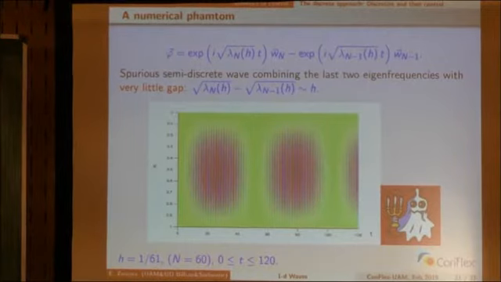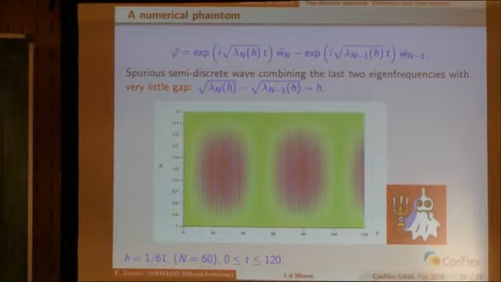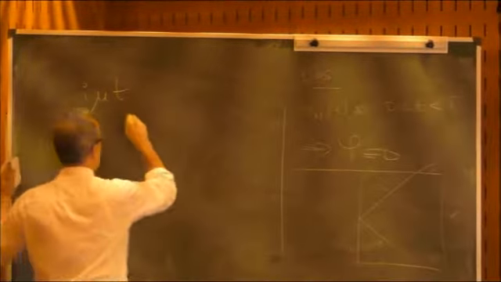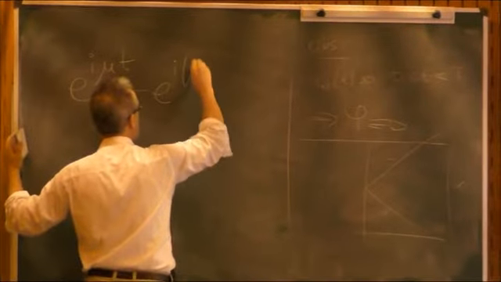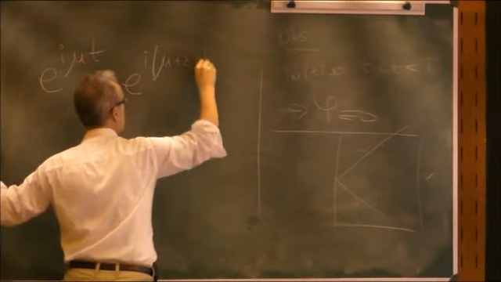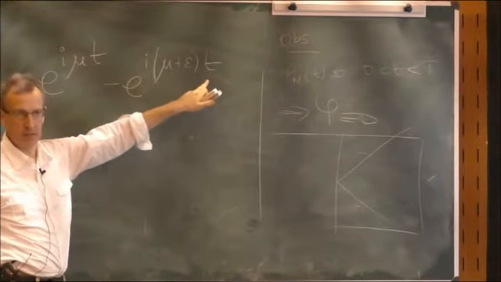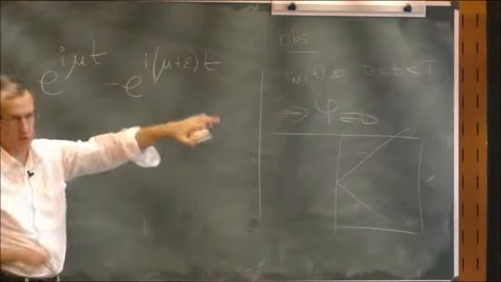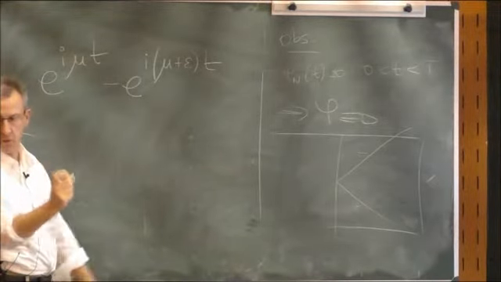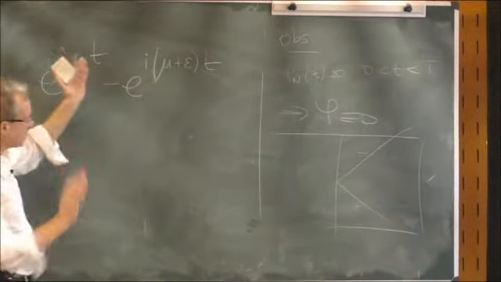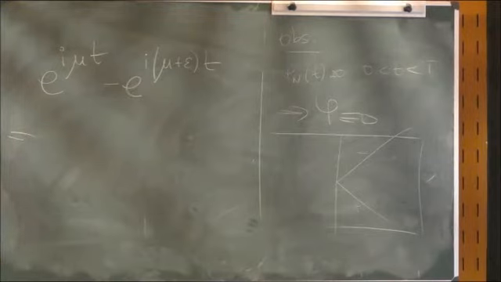You have a wave, a signal, of size 1. Then you add another one with a frequency that is very close, mu plus epsilon. Here epsilon is h, the gap, which is very small. I call it epsilon because this is a general computation you can do coming from other sources.